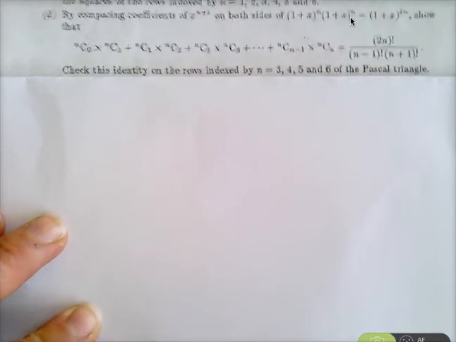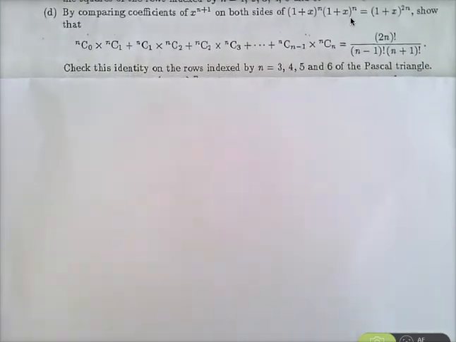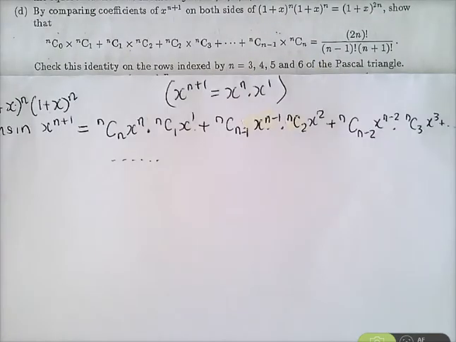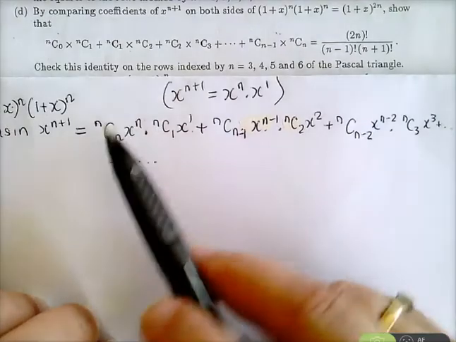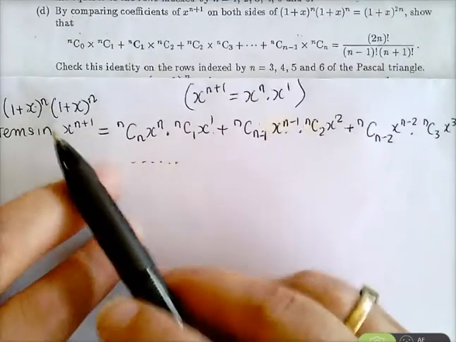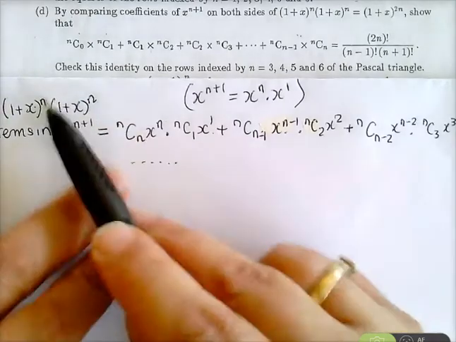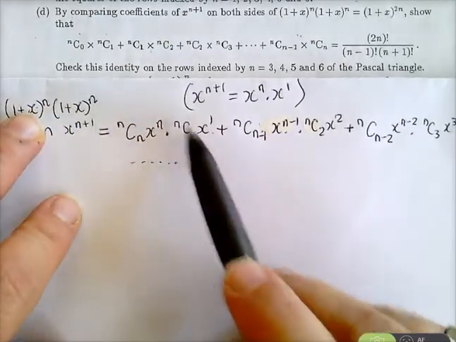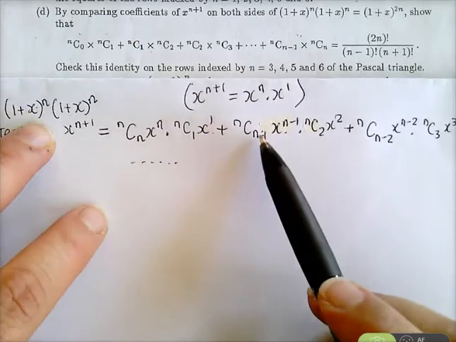By comparing coefficients of x to the n plus 1 on both sides of that. So same expansion, but x to the n plus 1. Terms in x to the n plus 1: it would be nCn x to the n here times the x term in this, which is nC1 x to the 1.